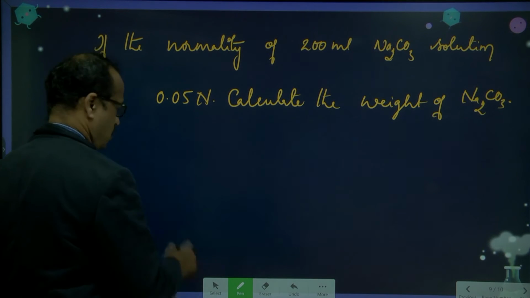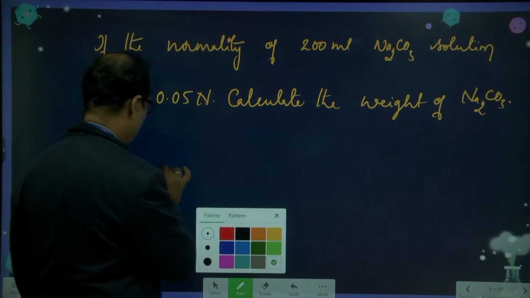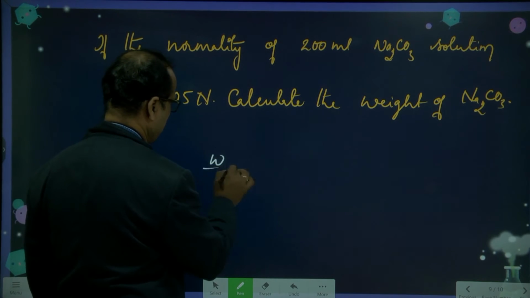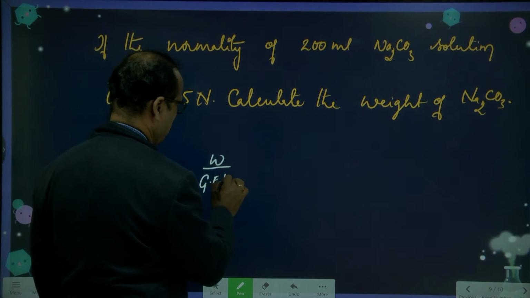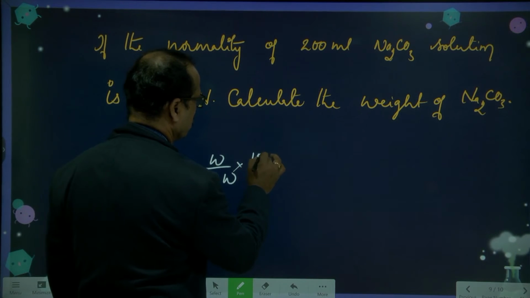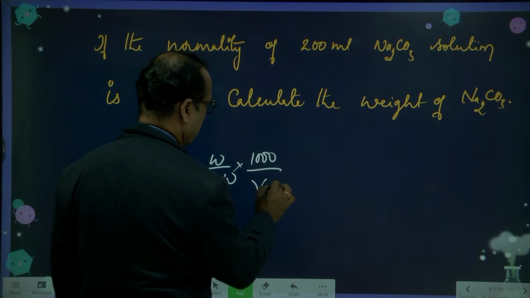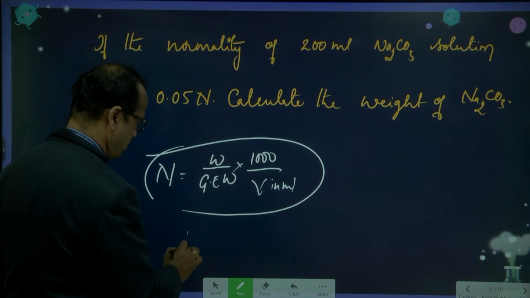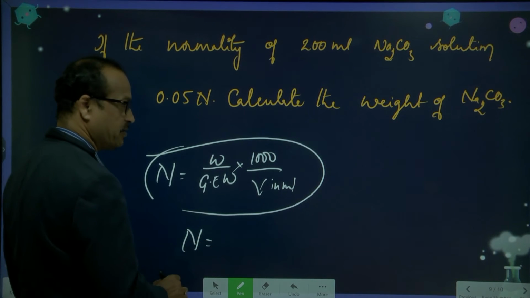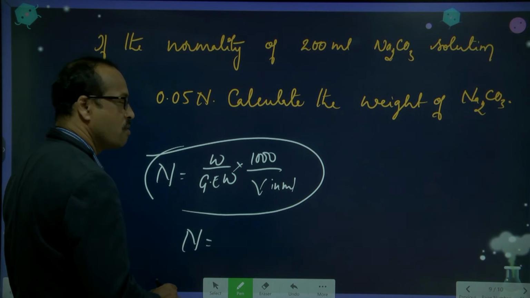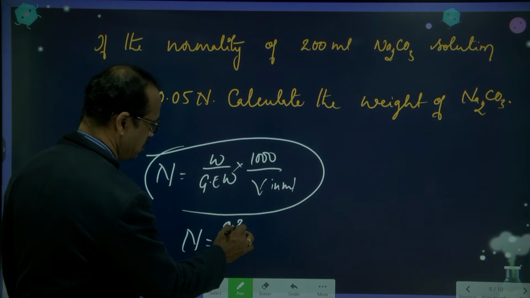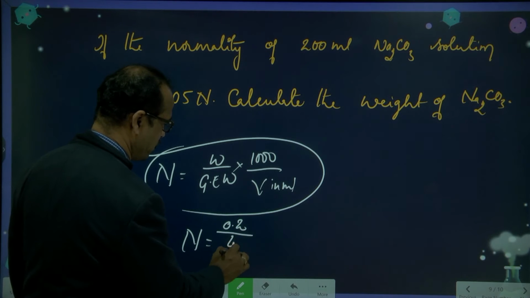Because normality is equal to weight by gram equivalent weight into 1000 by V in ml. This is the formula. Now normality is equal to weight. How much is given? 0.2 grams is given, by gram equivalent weight of 40 only.